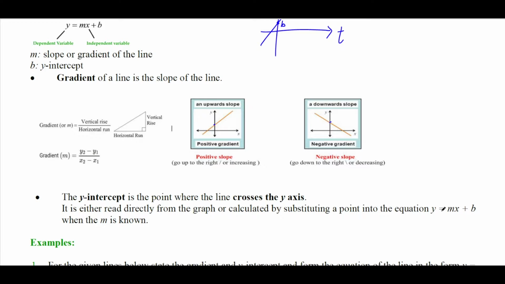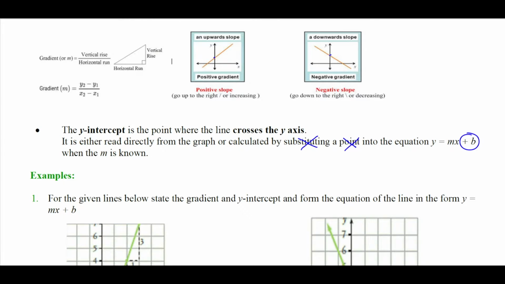If the equation is already given to you, we know that the y-intercept is the value of b. You don't actually need to substitute a point, and you don't even need to know what the m is to find the y-intercept.